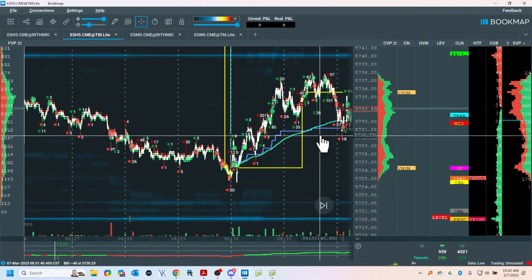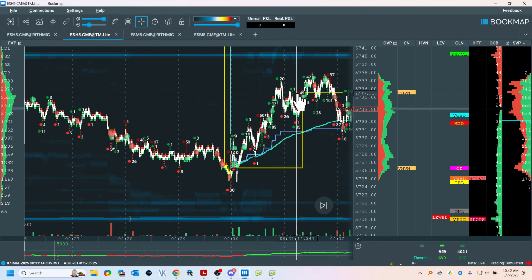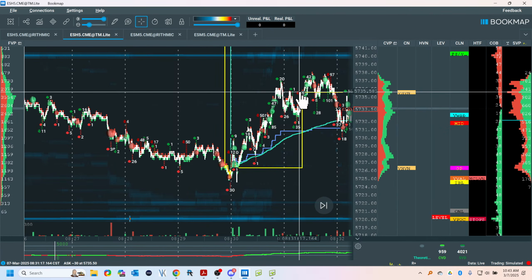So for me, 10, 20, 30, more, whatever. I think we showed a 60-point trade yesterday in the stream. But the whole idea of this is location, location, location, edge, edge, edge, and then trade management, targeting, and statistical probability.